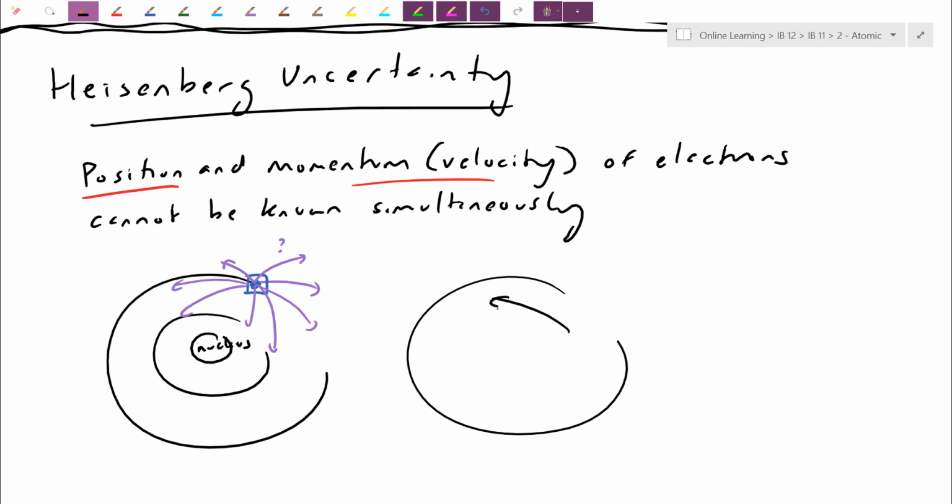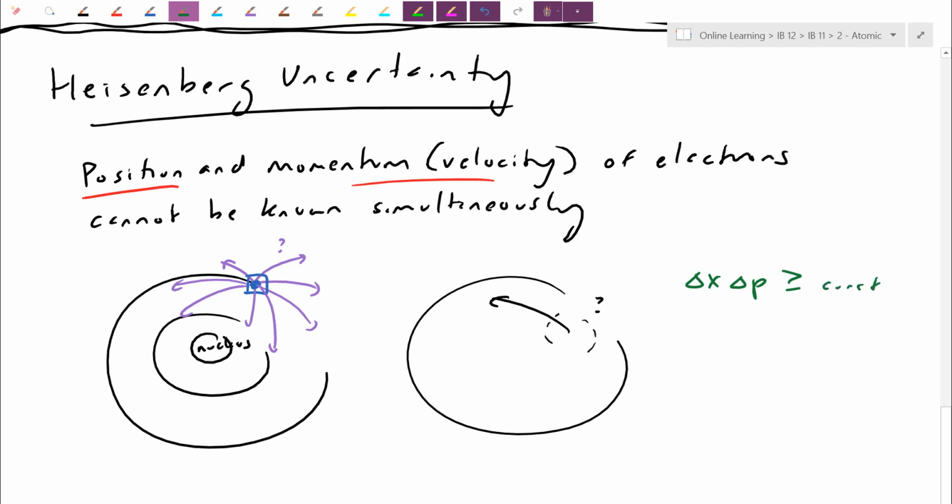Again, what Heisenberg's uncertainty says is that the better you know the heading and the speed, the less you know where the electron actually is. So there's an inherent uncertainty here. Heisenberg would write this as delta x times delta p is always bigger than some constant.